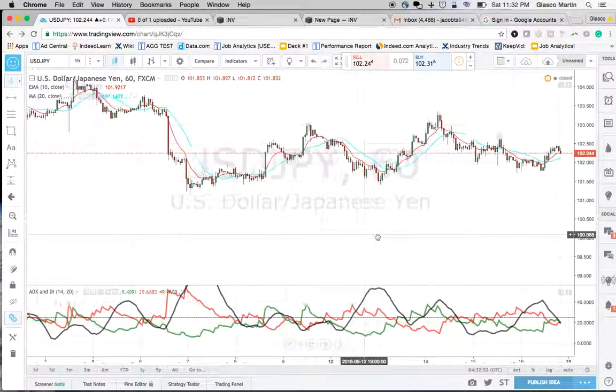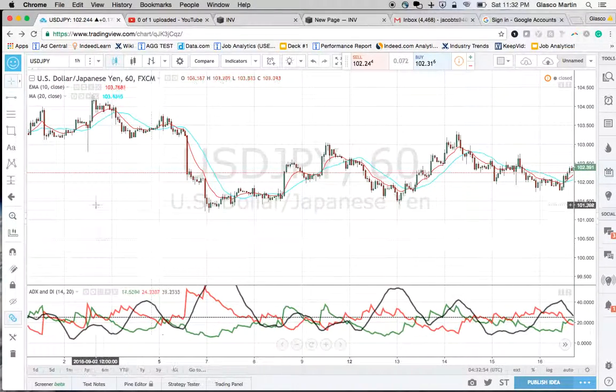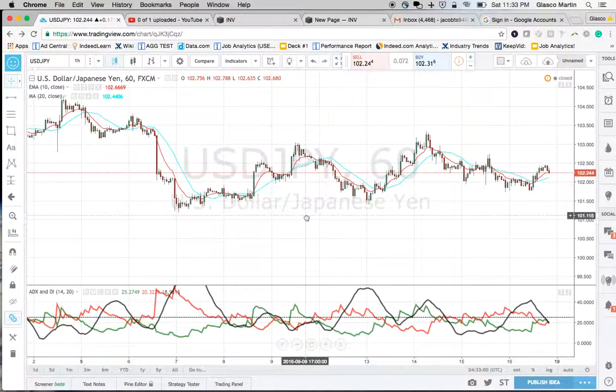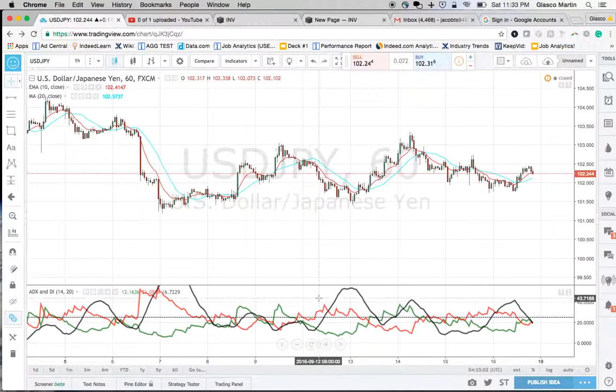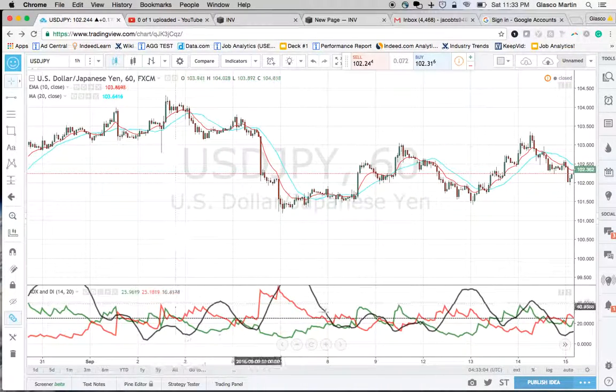So how I trade this is, whenever I see, let me find an example. Trying to find a good one. Basically right here, the market was coming off a downtrend, and you'll see the ADX line was probably trending on the 30-minute.